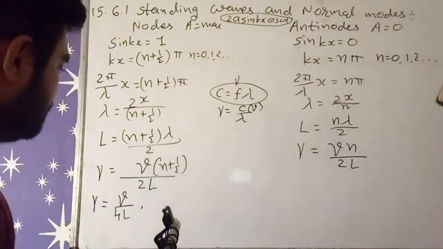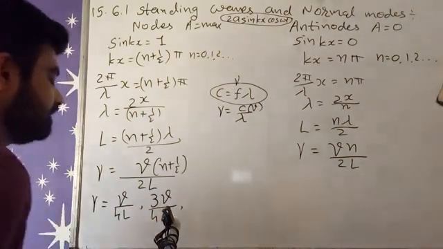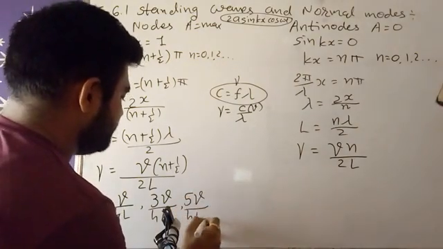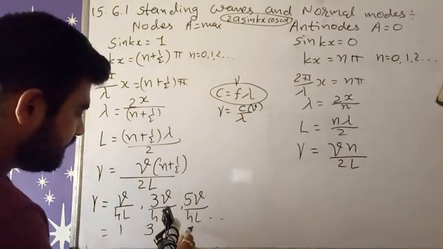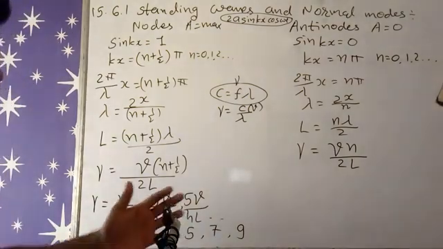When we put 1, it will be 3V by 4L. When n is equal to 2, it will be 5V by 4L and so on. So that means 1, 3, 5, 7, 9, and so on.